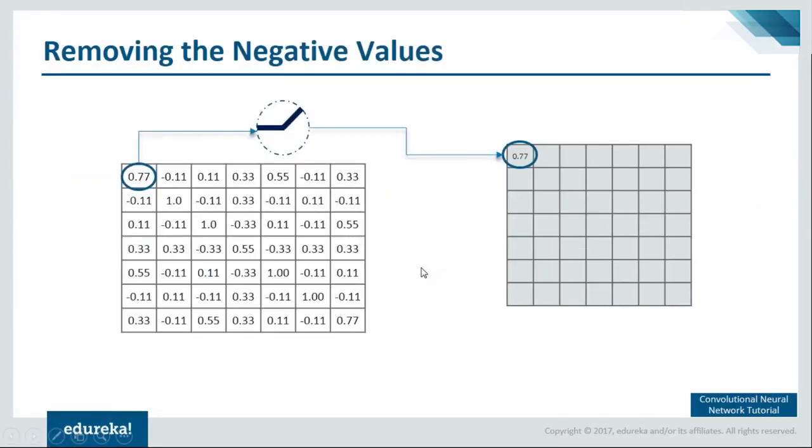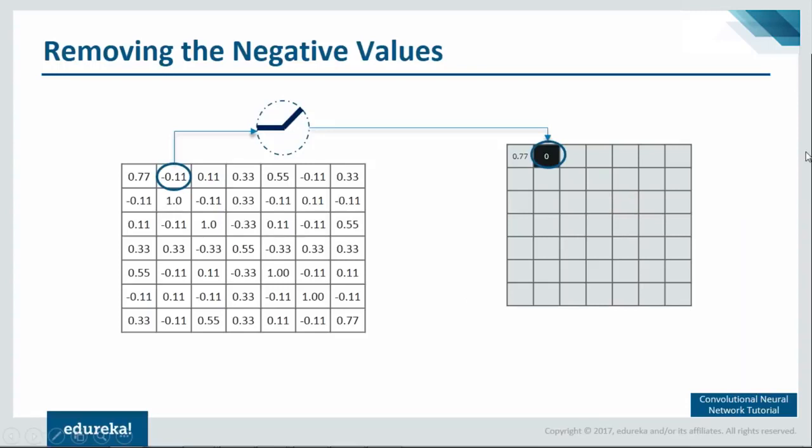So why are we using the ReLU function here? We want to remove all the negative values from the output that we got through the convolution layer. So we'll only take the first output that we got by moving one feature throughout the image. This is the output that we have got for only one filter. All right. So over here, I'm going to remove all negative values. You can see that it was -0.11 before, and I've converted that to 0.